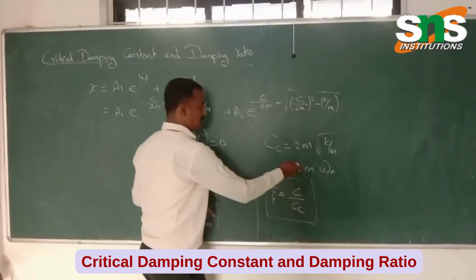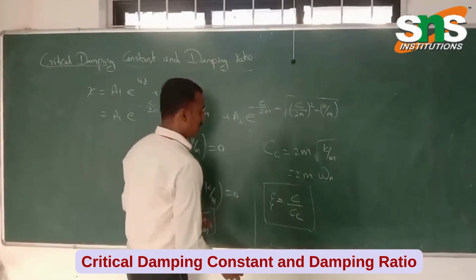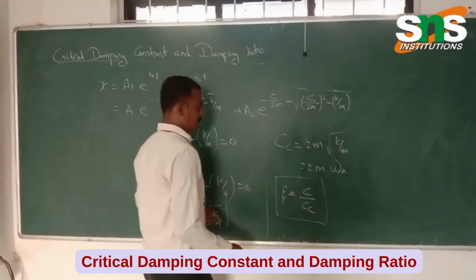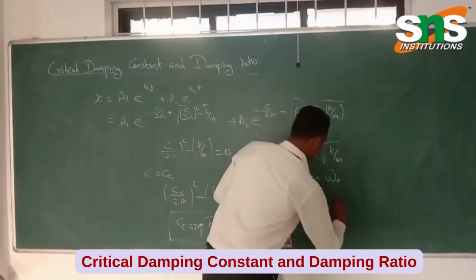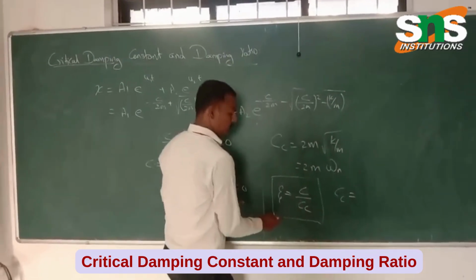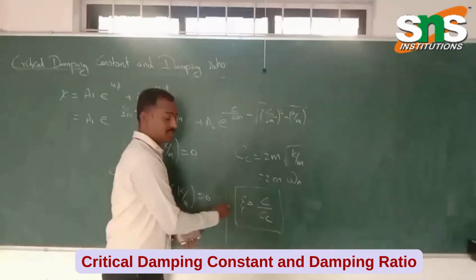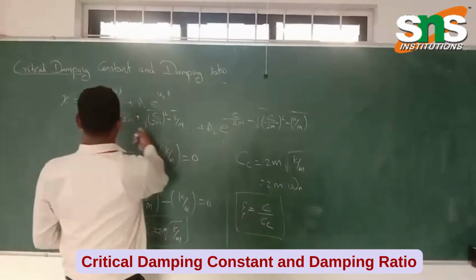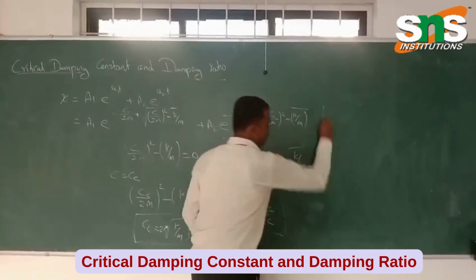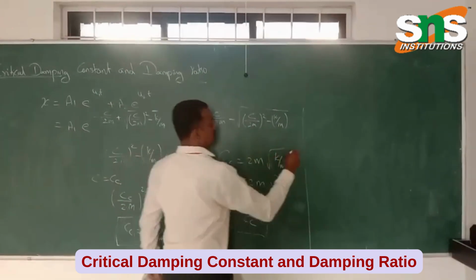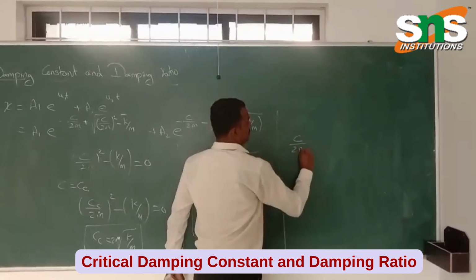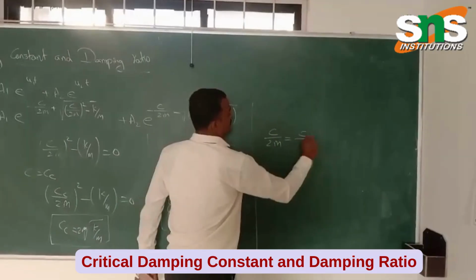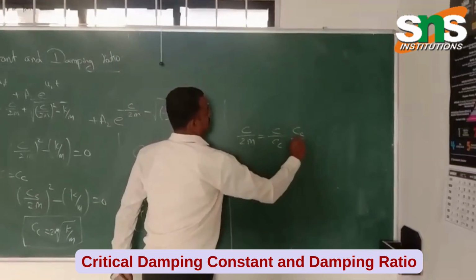Now we can replace the damping coefficient c using cc and the damping ratio. We can rewrite this equation in terms of this. From this entire equation, we can rewrite c by 2m as (c by cc) times (cc by 2m).